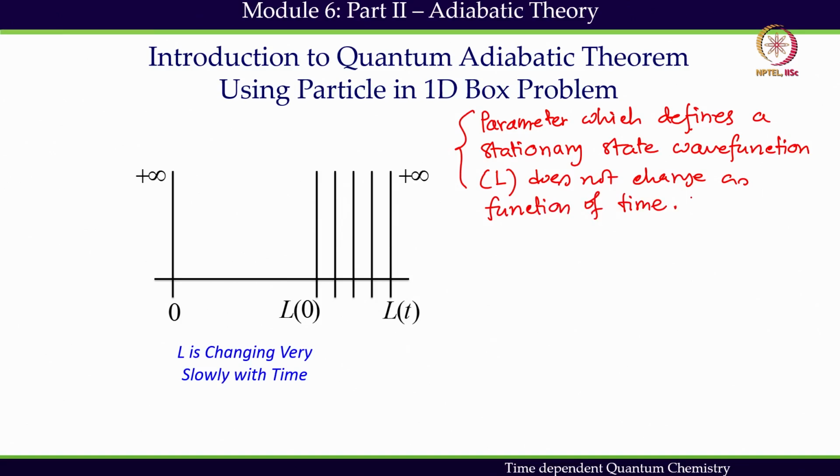This is the assumption we have made. So the time dependence term in the wave function comes entirely from this phase factor. This is what we have seen. On the contrary, when we are presenting this quantum adiabatic theorem, we will say that this part is not right.